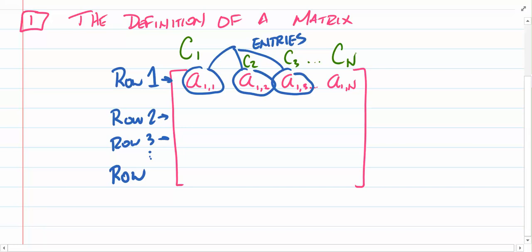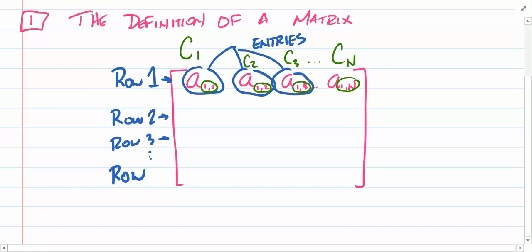So there's these little subscripts for each of these entries, right? See how it says 1, 1 right there? That stands for entry row 1, column 1, right? This is entry row 1, column 2. This is entry row 1, column 3. So this is entry row 1, column N. Very good.